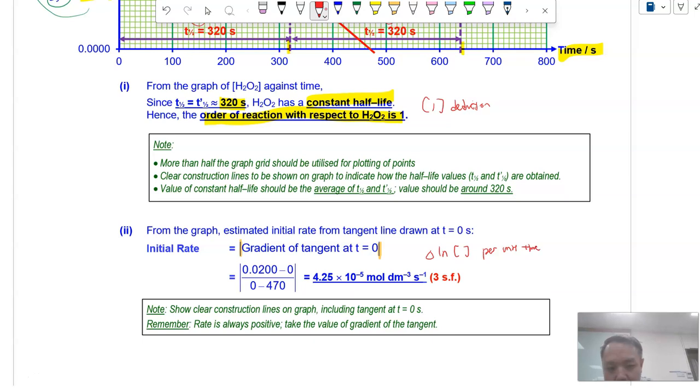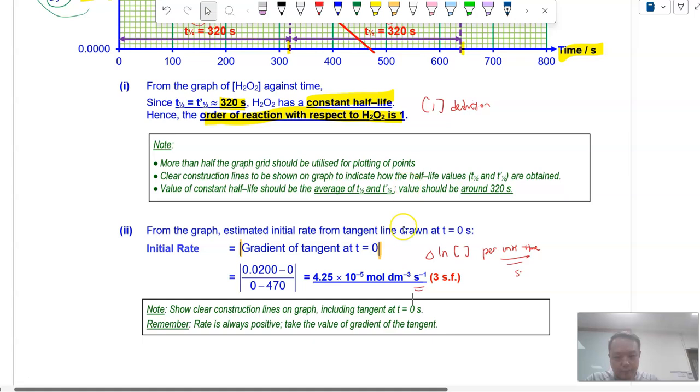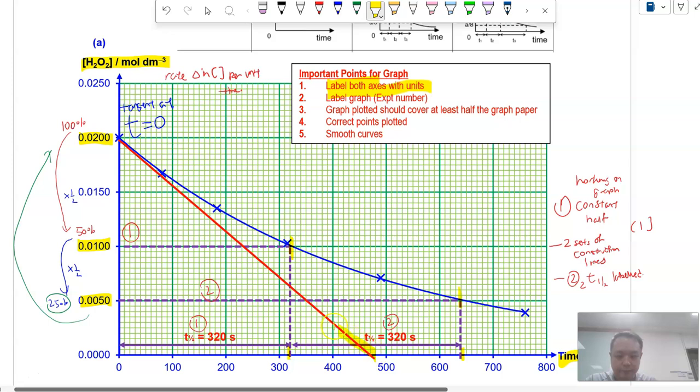In this case the unit time is in seconds, so it's per second. Rate is always positive, so take the value of the gradient of the tangent. So you show your modulus sign, and importantly, highlighted here, you need to show clear construction lines including the tangent at t equals 0. So that's what I'm doing over here.